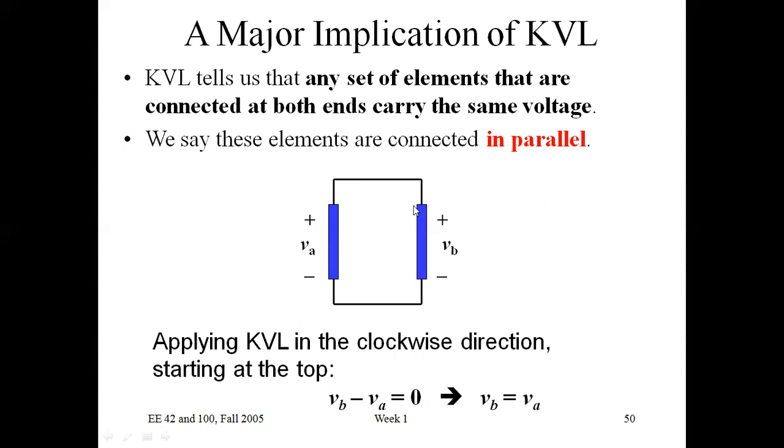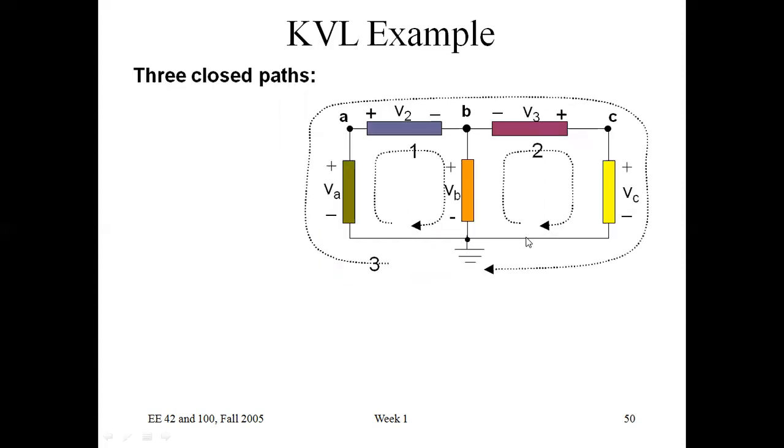Here it goes positive to negative, so VA, and here negative to positive means a rise, so VB. So VA minus VB is equal to 0, or otherwise VB is equal to VA, because both are connected in parallel and the voltage drop across them is always the same.